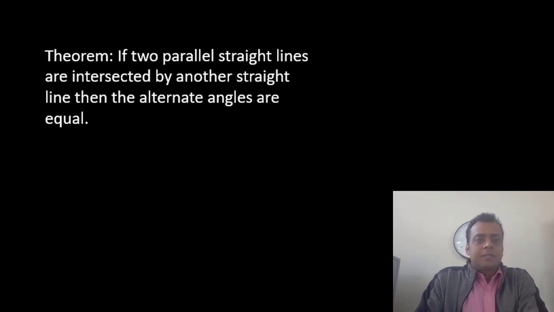So, first theorem. If two parallel straight lines are intersected by another straight line, then the alternate angles are equal.